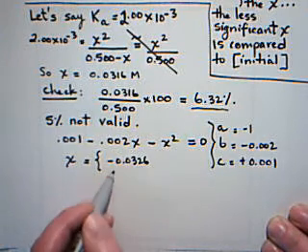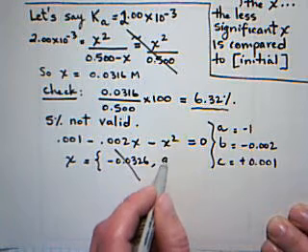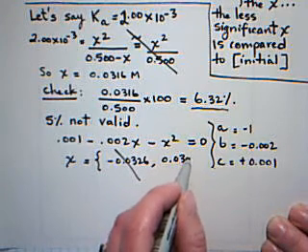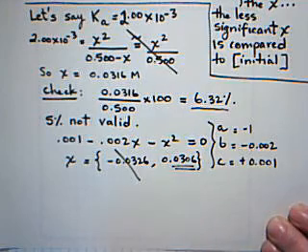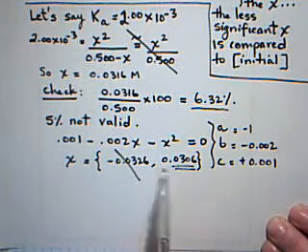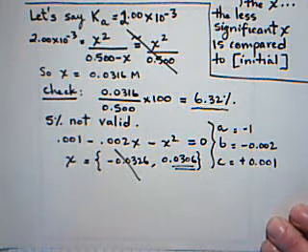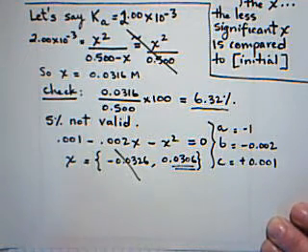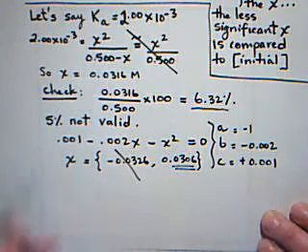One is not possible because it's negative, and the other one is the correct answer, 0.0306, not 0.0316. They're not that different, and that's why usually the 5% rule works for us. This is an example where the 5% rule does not work, and we have to use the quadratic formula.